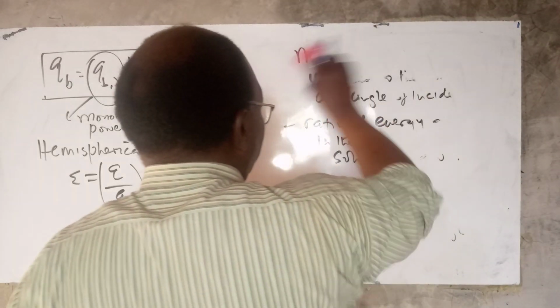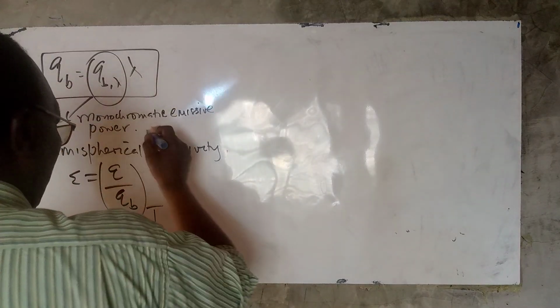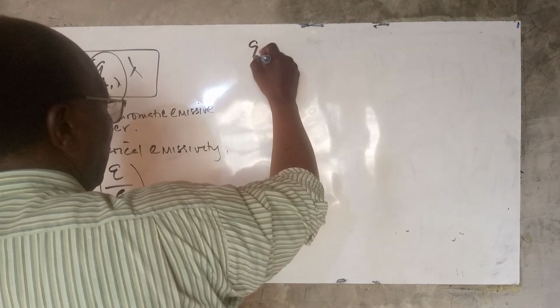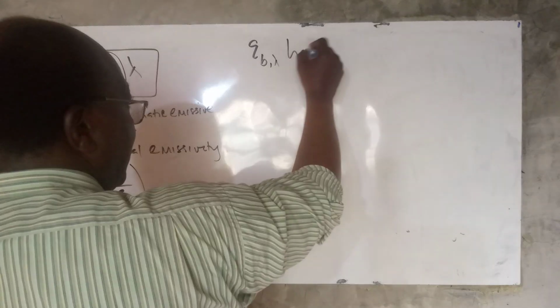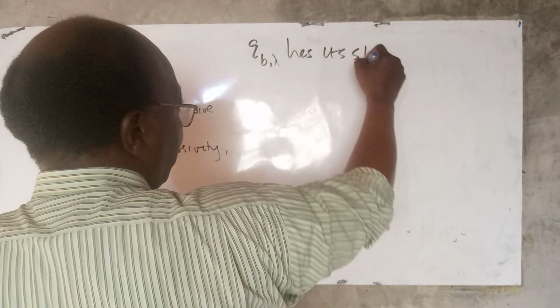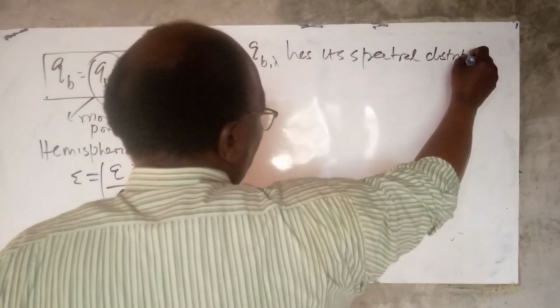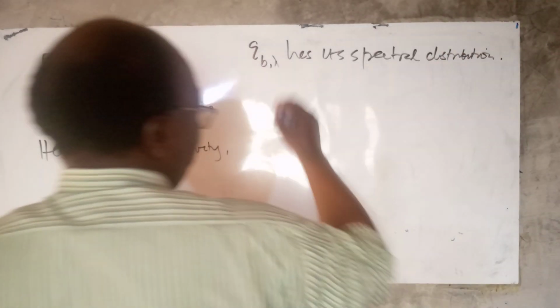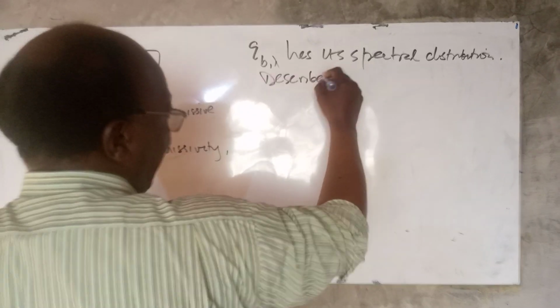Remember that this monochromatic emissive power, Q B lambda, has its spectral distribution. And this is described by what we call Planck's law.